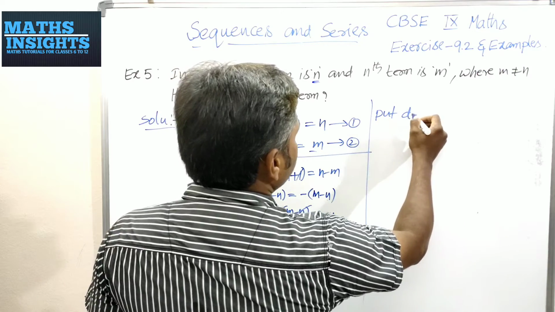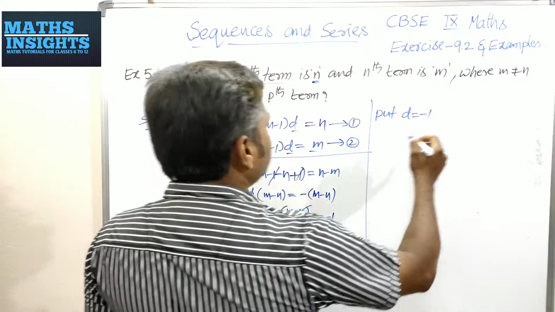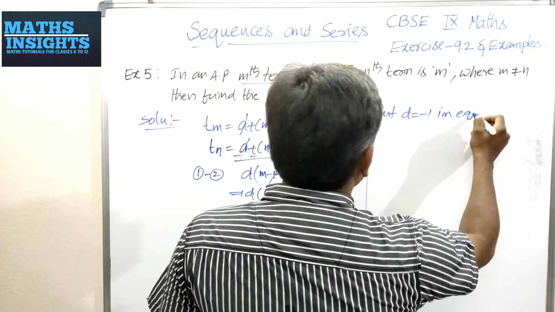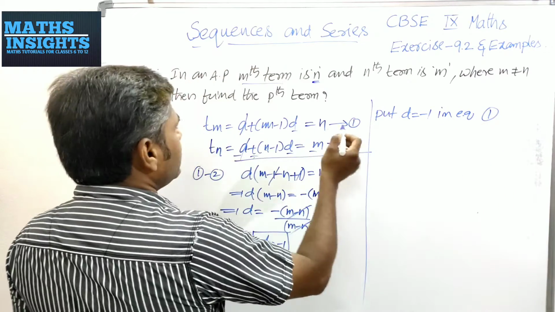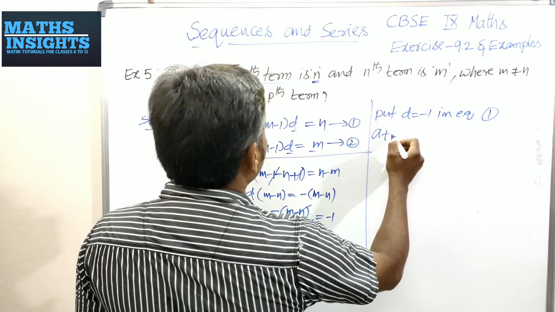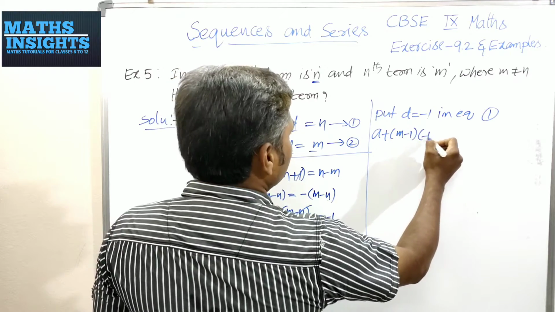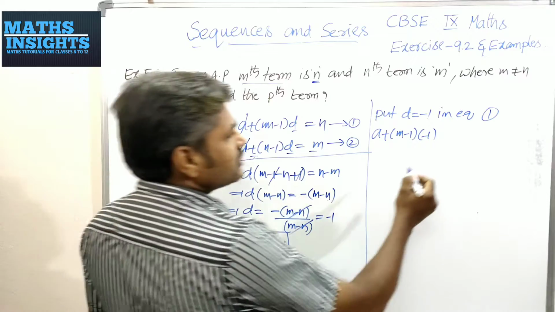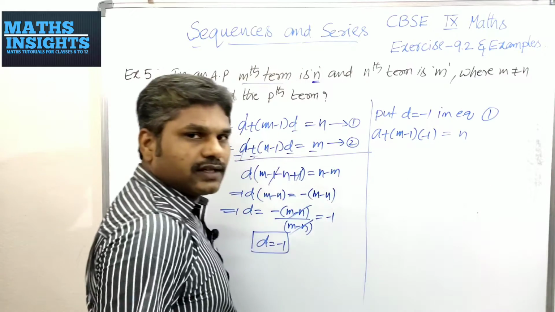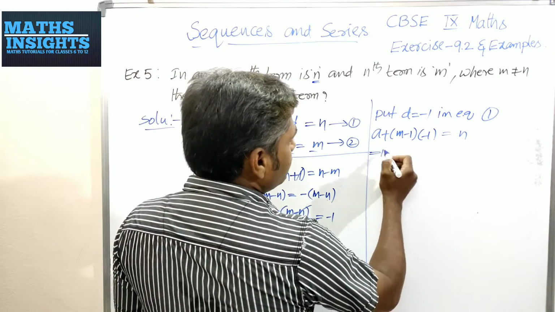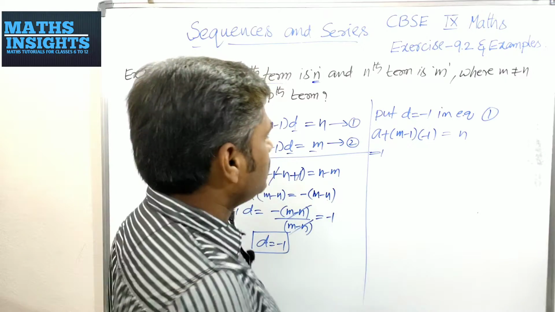Put d is equal to minus 1 in equation 1. Then it will become a plus m minus 1 into minus 1, the d value, that is equal to n. Right, my dear students? Then my aim here is to find the a value.